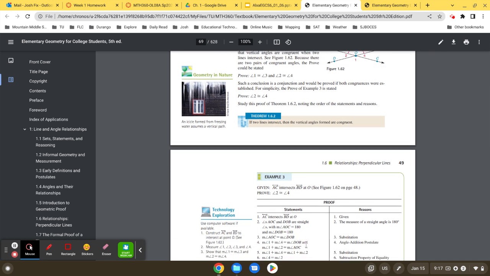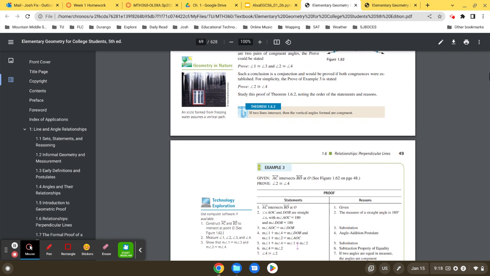Then I get to the spot where I say, if DOB and AOC are already established as congruent to each other, let's set these new statements equal by substitution. Then we can use the subtraction property of equality to get rid of angle 1, and now we have angle 4 is equal to angle 2.